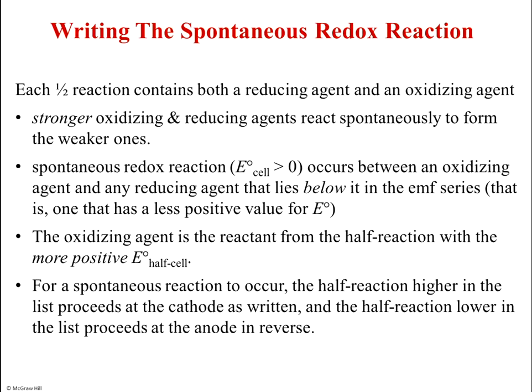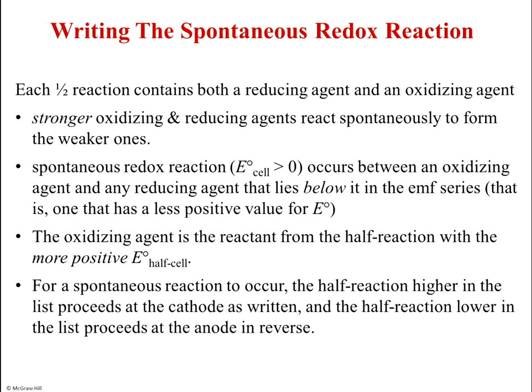The spontaneous redox reaction is the one for which E0 for the cell is greater than 0, and that occurs between an oxidizing agent and any reducing agent that lies below it in the table we just showed, that is the EMF series. So the one that lies below it has a less positive value for its E0.